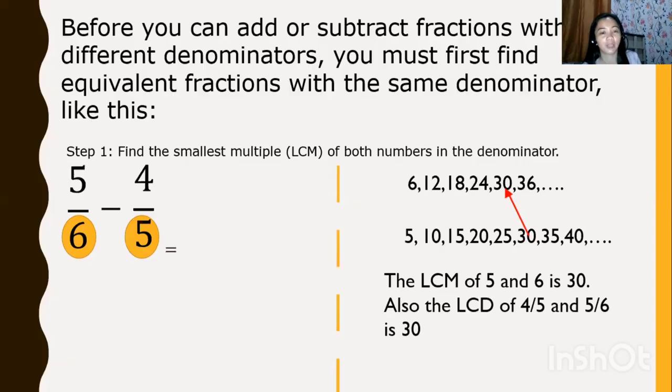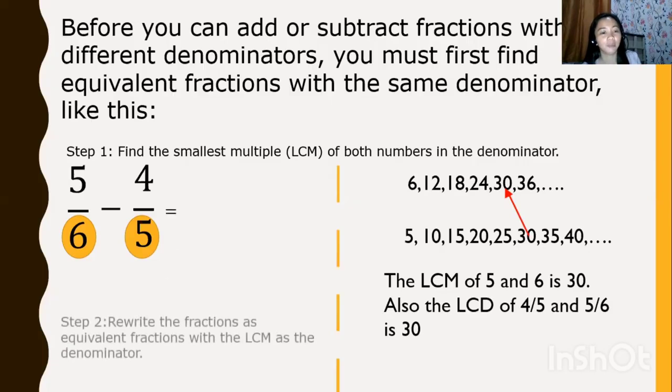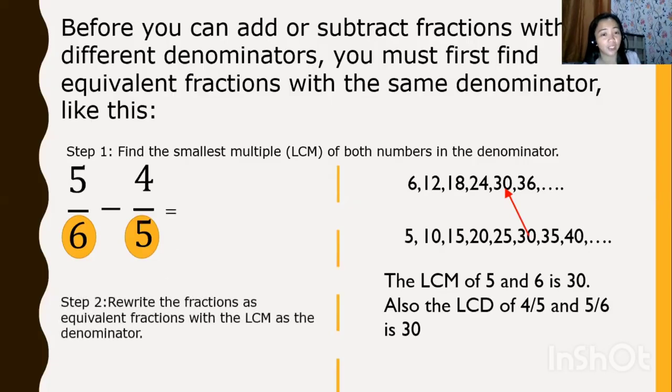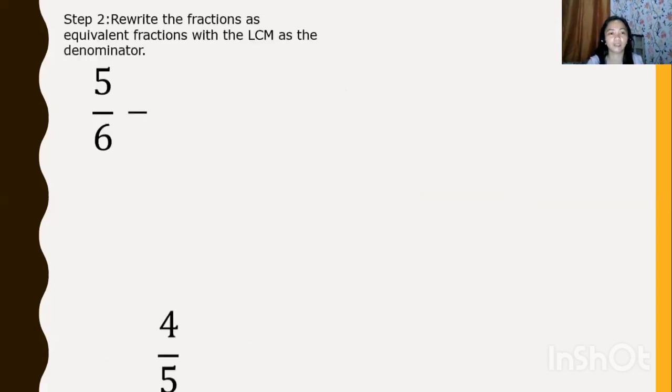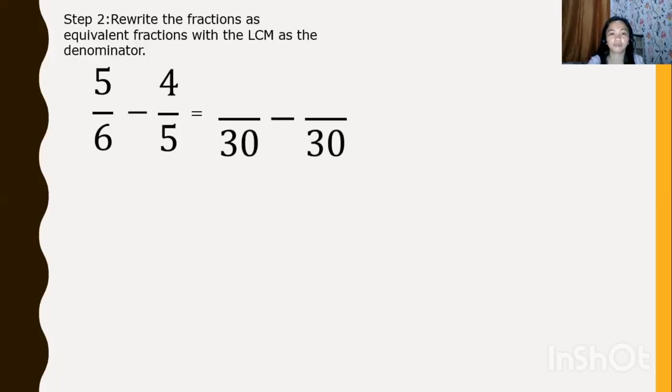Now, step number 2 is to rewrite the fractions as equivalent fractions with the LCM as the denominator. Since we already know the LCM, we're going to use it as the common denominator. Our problem is the numerator. Let us rewrite the given. How are we going to find the numerator?